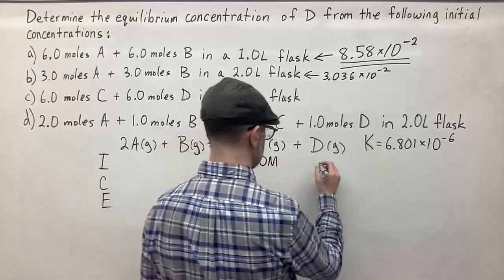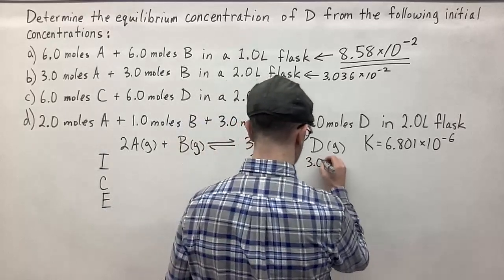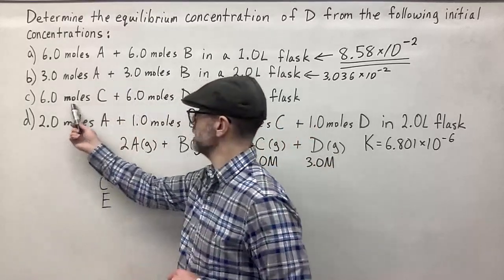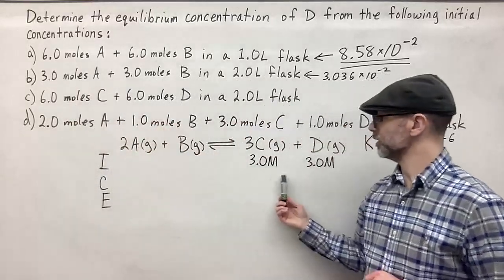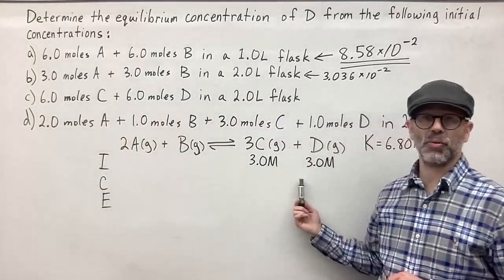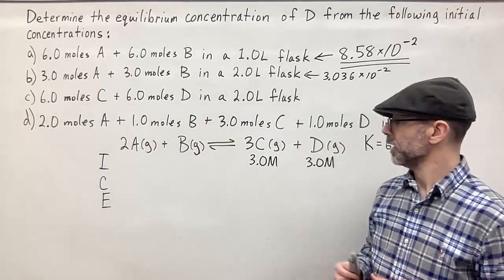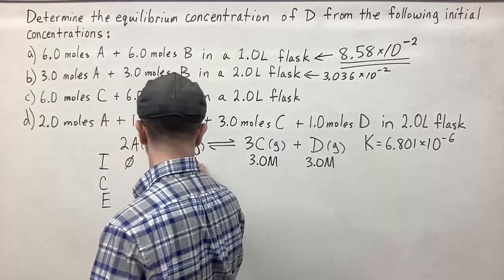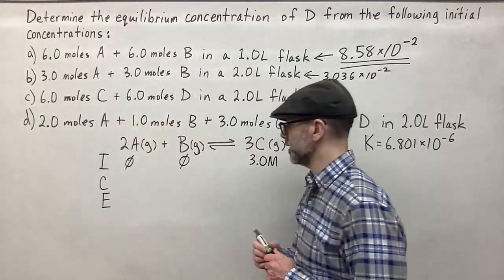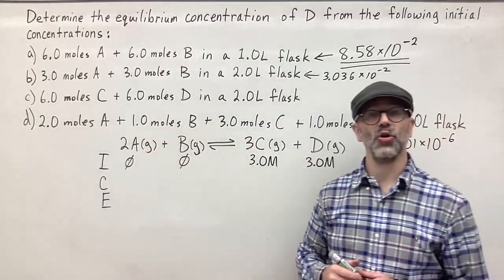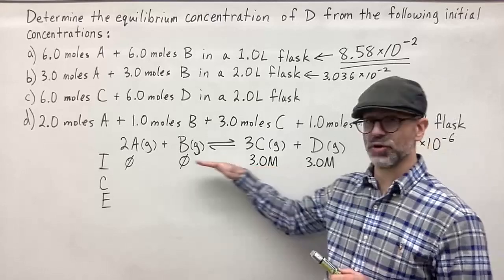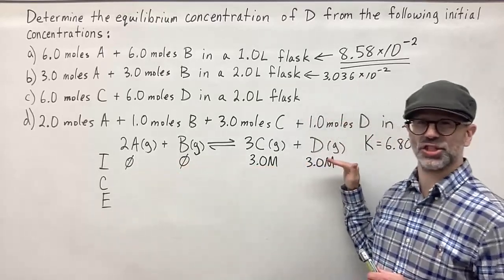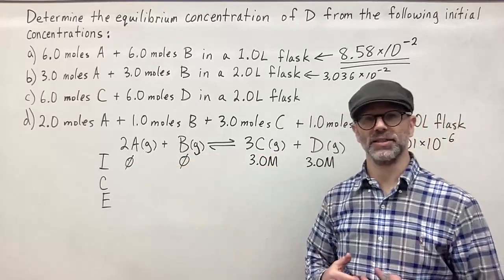We calculated the molarity of C and D to be 3.0 molar for both. That means that we're starting with 0 amount of A and B. And so now we know that it's going to shift in the direction to make reactants.